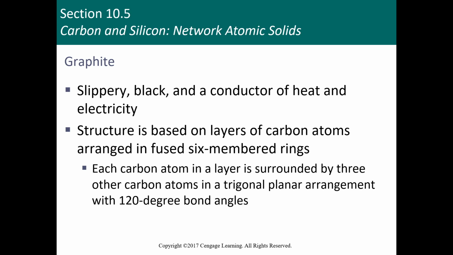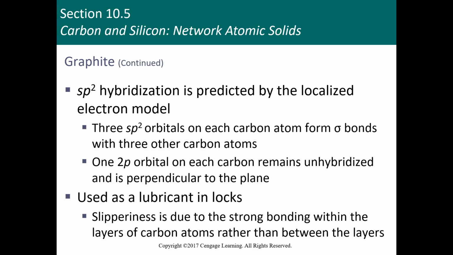The structure is based on layers of carbon atoms. These are arranged in fused six-membered rings. The source you are probably most familiar with in terms of graphite is your pencil lead. Each carbon in a layer is going to be surrounded by 3 other carbon atoms in a trigonal planar arrangement with 120-degree bond angles.